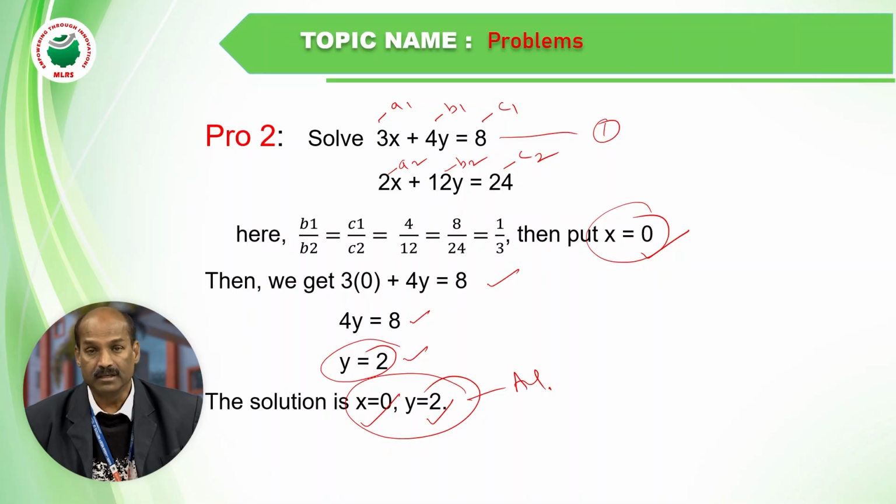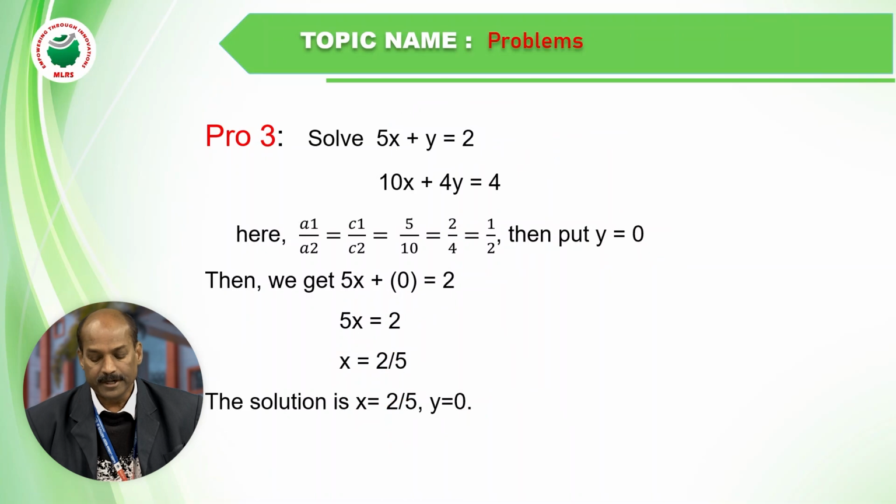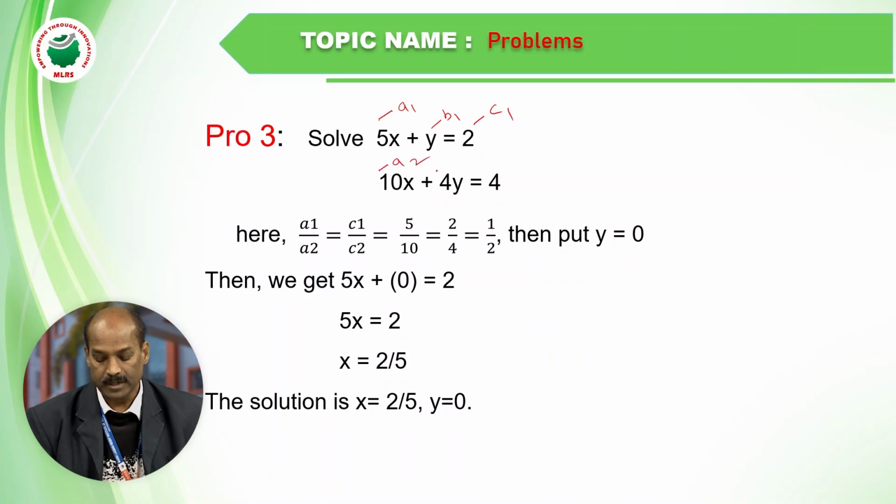Next we move to the third problem. In the third problem, also very simple: solve 5x plus y equals 2, 10x plus 4y equals 4. In this case also, this is a1, this is b1, this is c1, this is a2, this is b2, and this is c2. When we observe these coefficients, we observe that 5 by 10 equals 2 by 4. That is a1 by a2 equals c1 by c2.